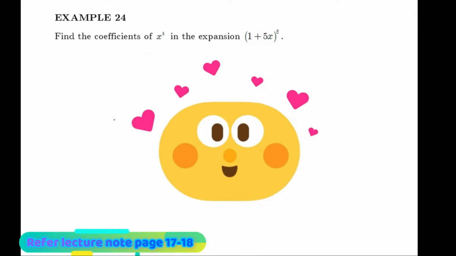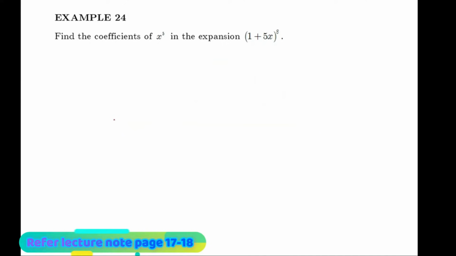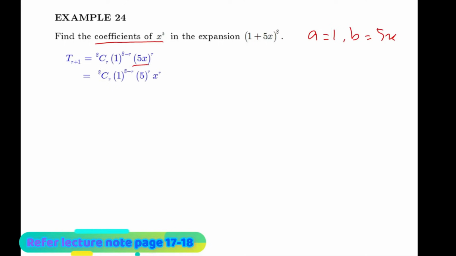In example 24, we are to find the coefficient of x to the power 5 in the expression given, with a is 1 and b is 5x. So substituting a and b into the T(r+1) formula, but here we have to separate the ones in the bracket as follows.